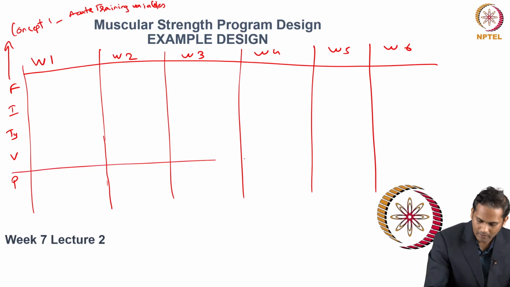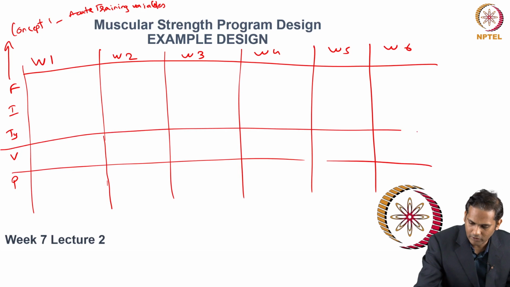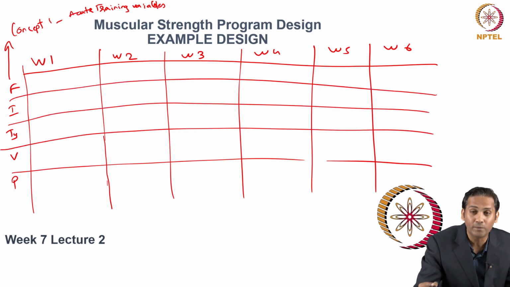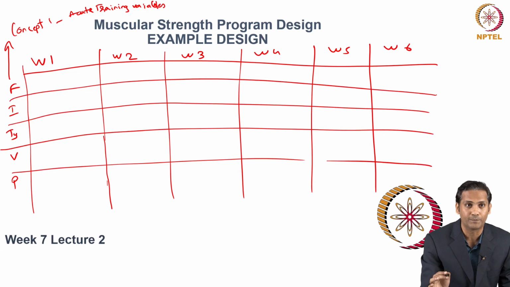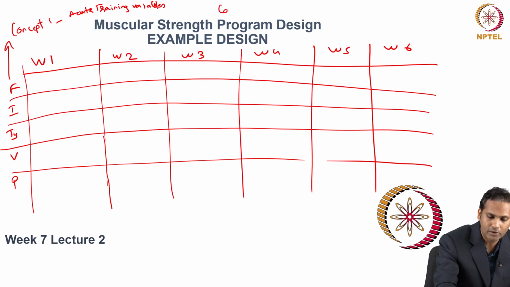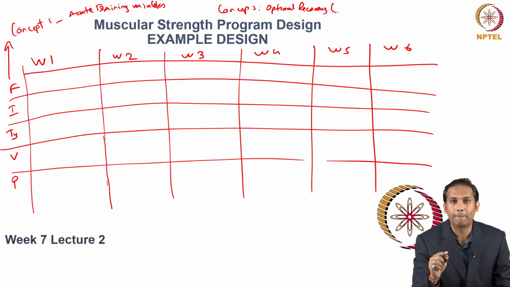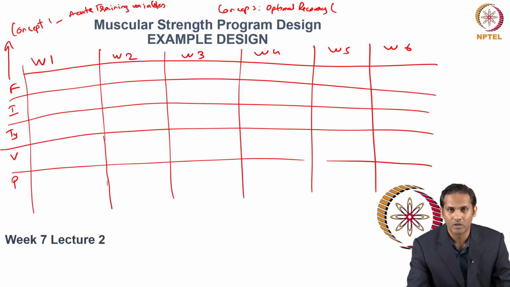Now the second concept is that I have to make sure that I provide an optimal recovery and stimulation. So concept 2, optimal recovery. Recall that optimal recovery can be applied by using different loading theories.